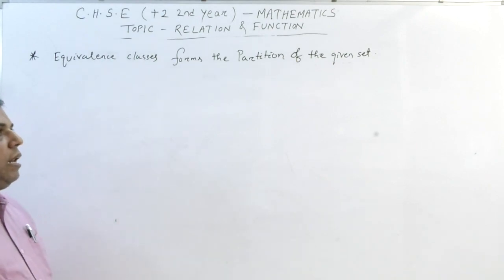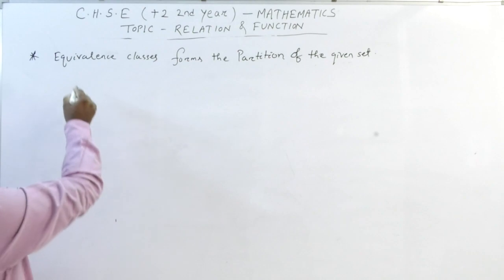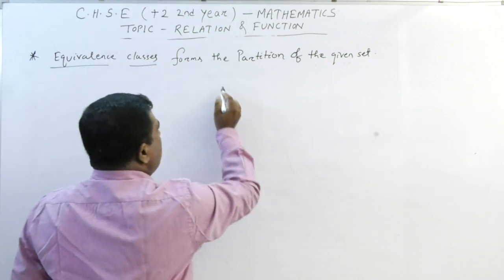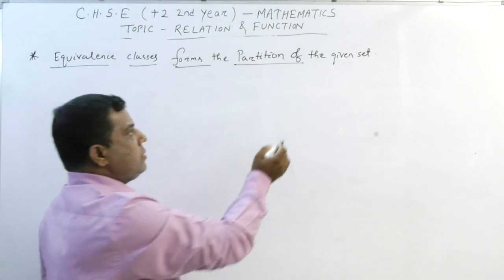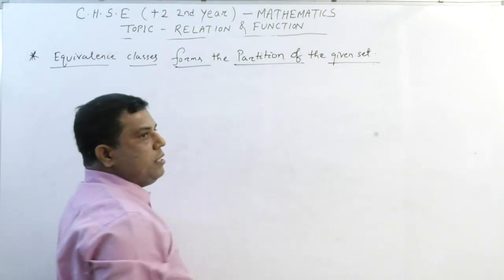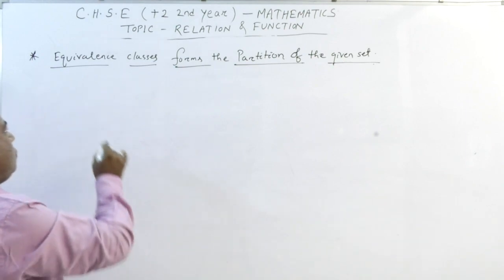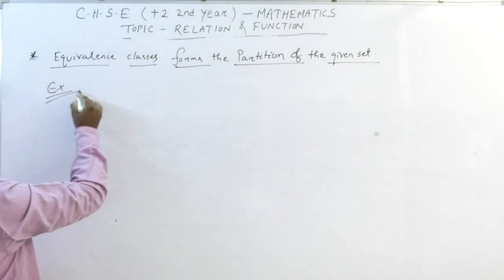So let us elaborate how the equivalence classes form the partitions of a given set. Let us elaborate this concept. Okay. So we will take an example.